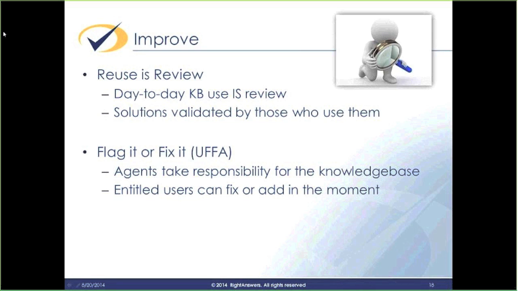All right? And so it's the agents or the analysts that take responsibility for the knowledge base. They're either using information and linking it, or they're flagging information, putting it up for review, fixing information, because some agents in KCS will have the right to fix that information directly, or add information, because they'll be able to add new information to the knowledge base directly, or rather in the moment, right?